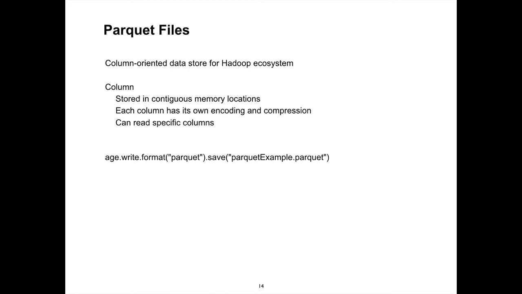Columns are stored in continuous blocks, so they're easy to read in each column, and each column can have its own compression algorithm. So if you're dealing with numbers in one column and strings in the other column, you can use different compression algorithms to be more efficient. And you can just read it column by column if you want.